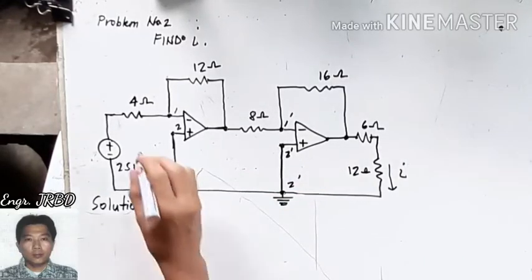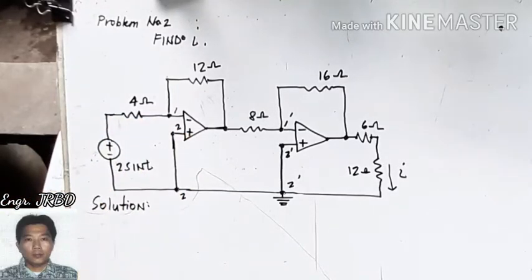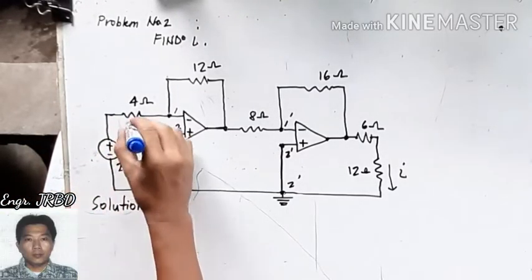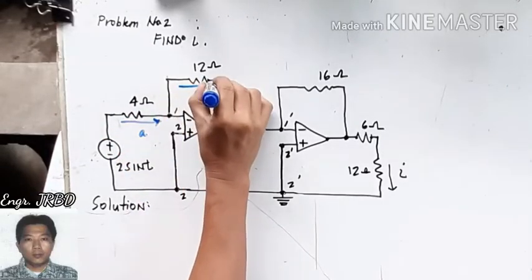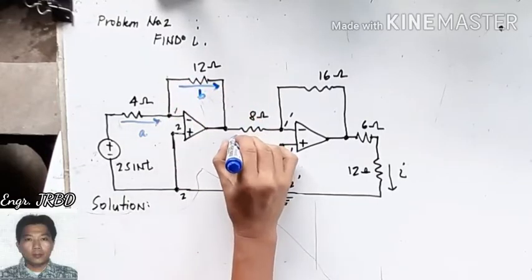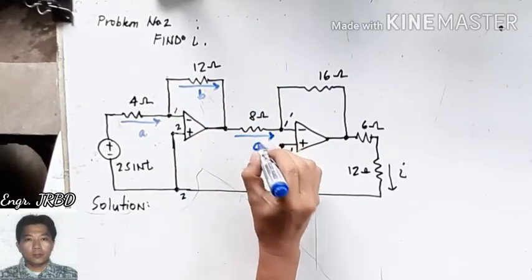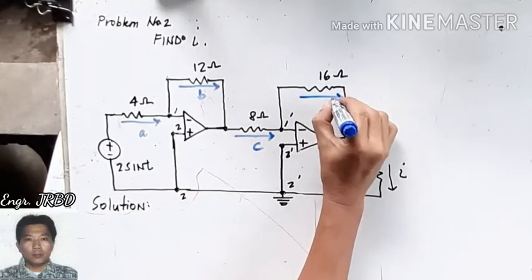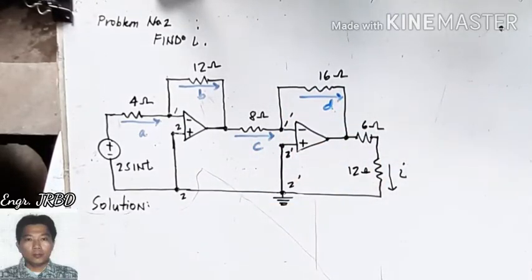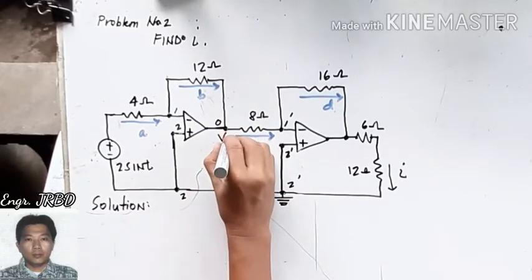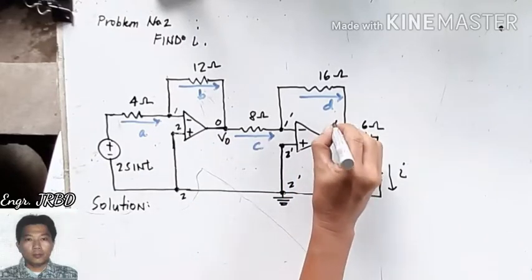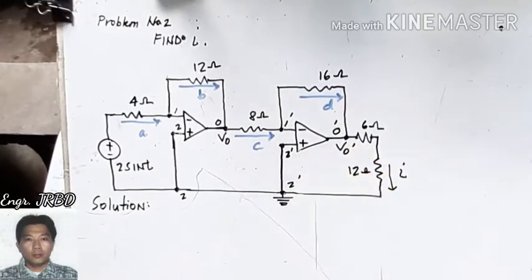Let us identify your currents. Our currents will be this one, A, B, C, D, then our unknown current I. Let us also represent our output voltages, that is V sub O and V sub O prime.